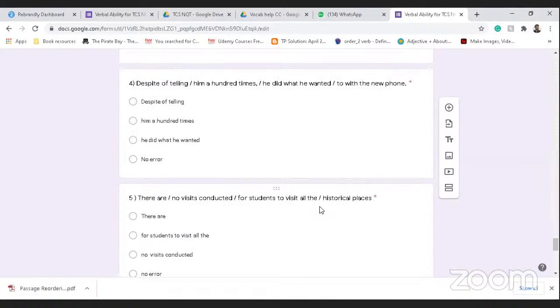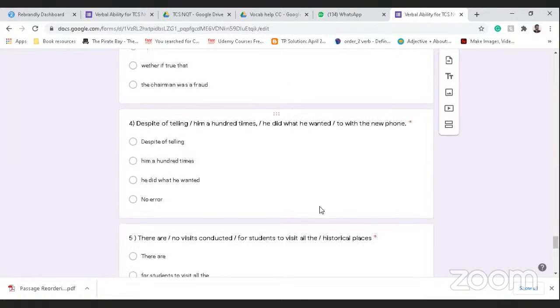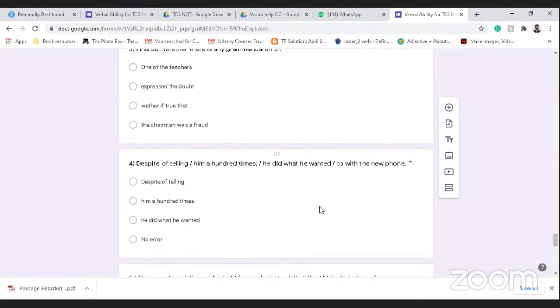Let's take question 4, which I missed. Despite telling him 100 times, he did what he wanted to with the new phone. This is about phrases. Despite of is not used, only despite comes. Despite telling him 100 times. Despite of telling is Indianism. Indianism means we have changed some grammatical rules according to our own likings.